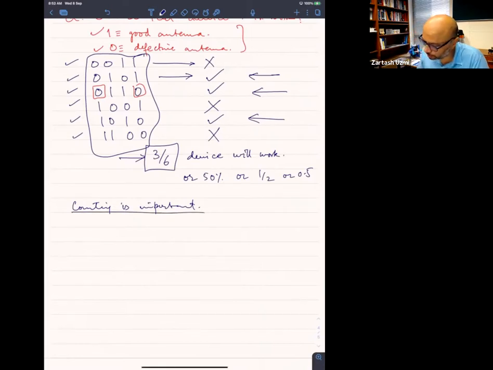So we will develop those counting mechanisms here. The first one is called the basic counting principle. What is the basic counting principle?